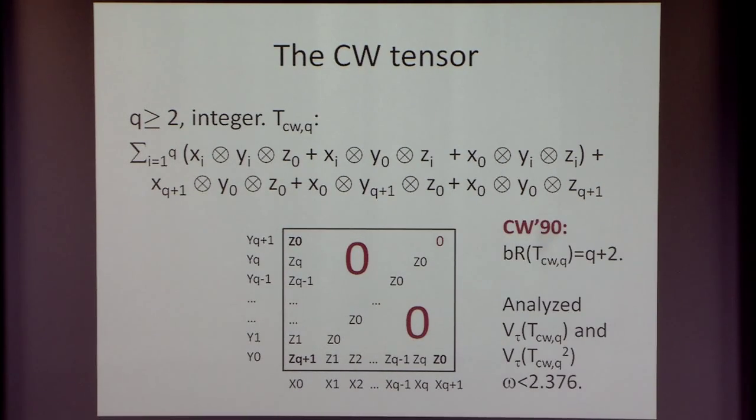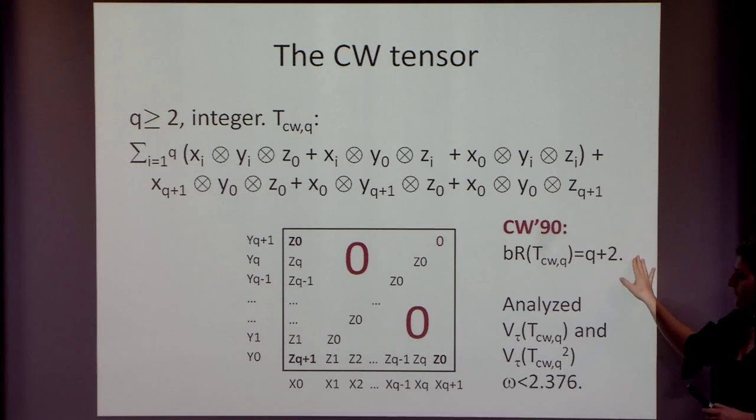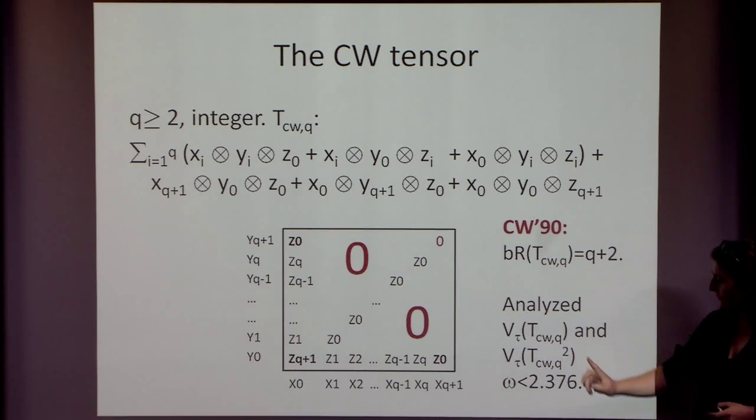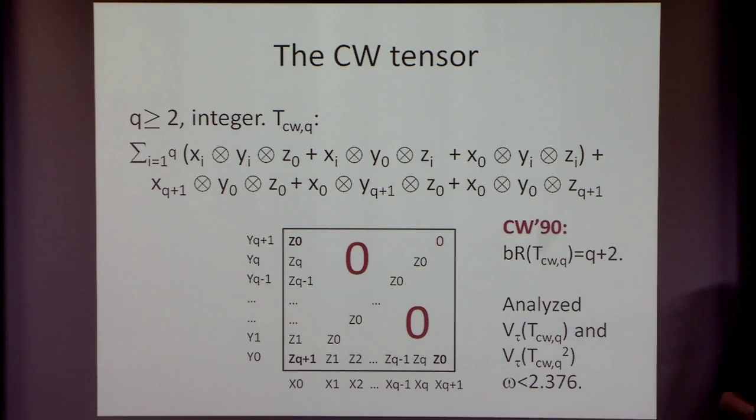So the nice thing that's known is that the border rank of this tensor is exactly q plus 2, which is the number of x, y, or z variables. And Coppersmith and Winograd analyzed the value of this tensor and the tensor squared. And then they concluded from this second value that omega is at most 2.376.